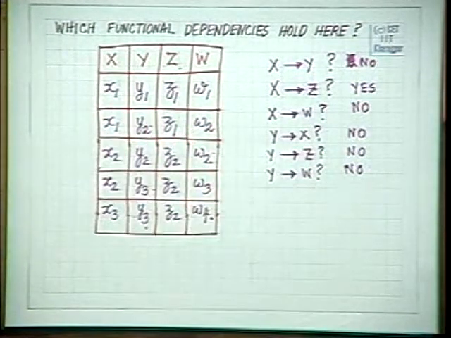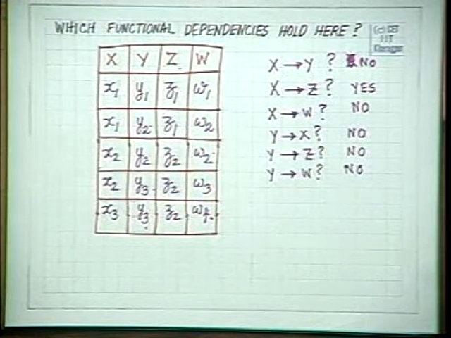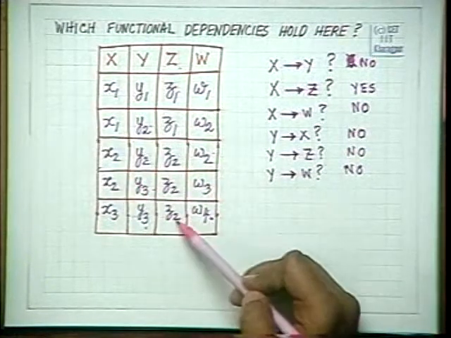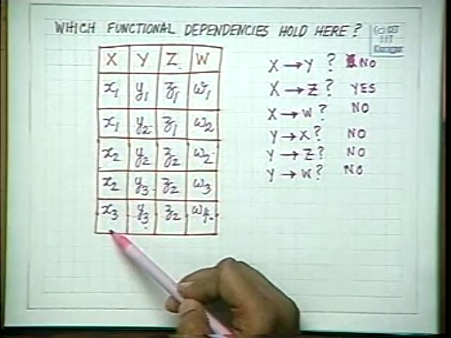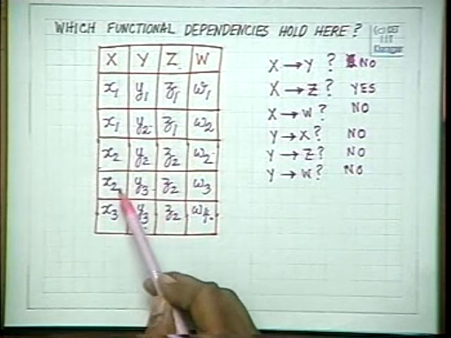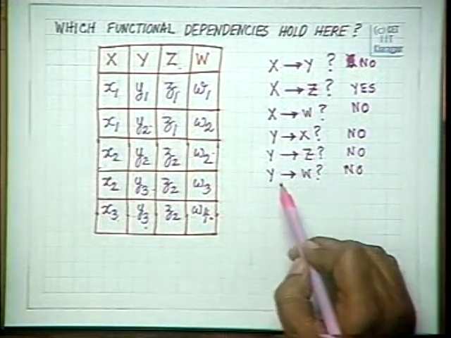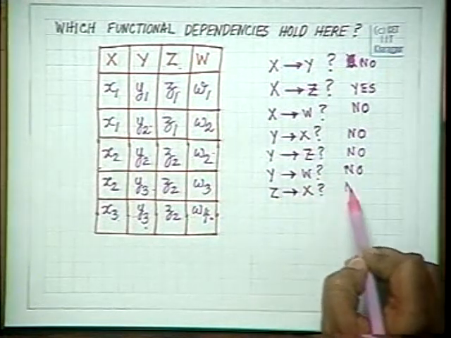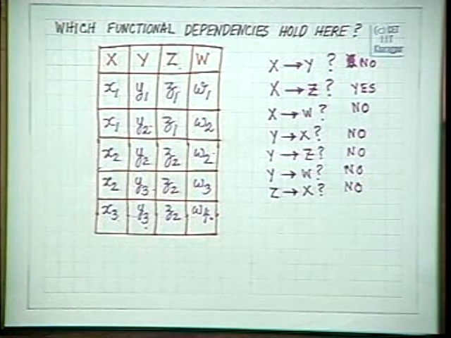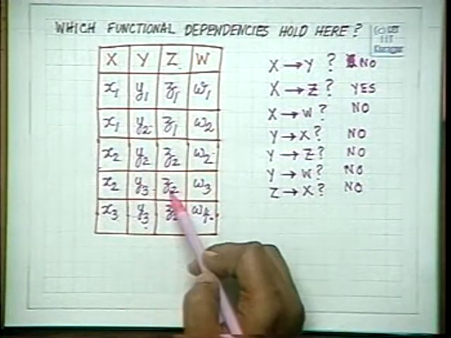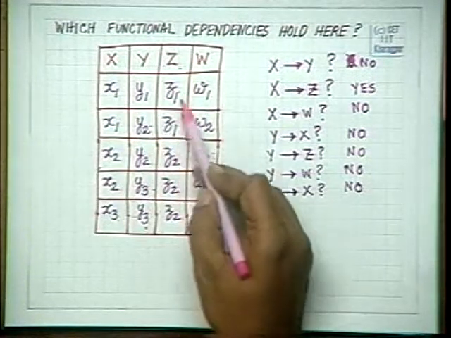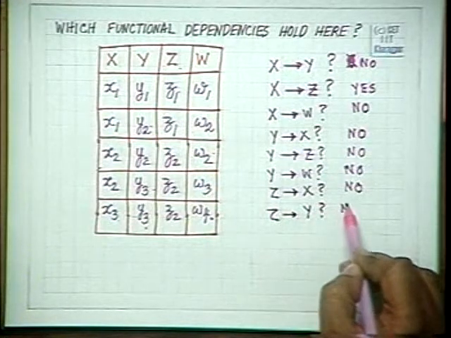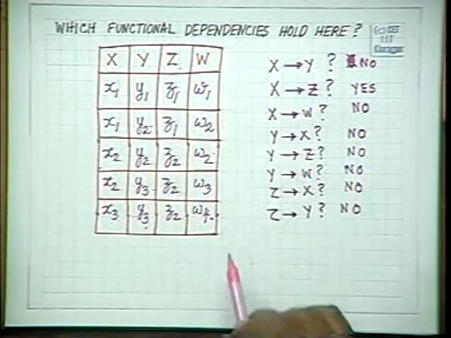Z to X holds here, but it does not hold here. Look at this, Z to X with x3. So Z to X also does not hold. Z to Y does not hold, you look at this. And Z to W obviously does not hold.